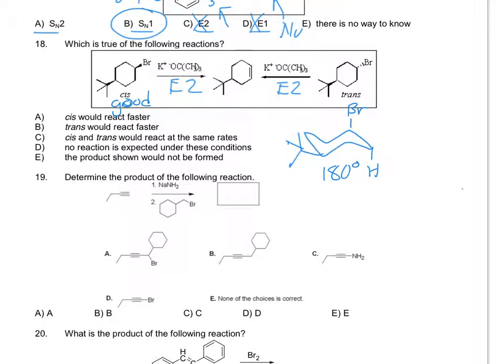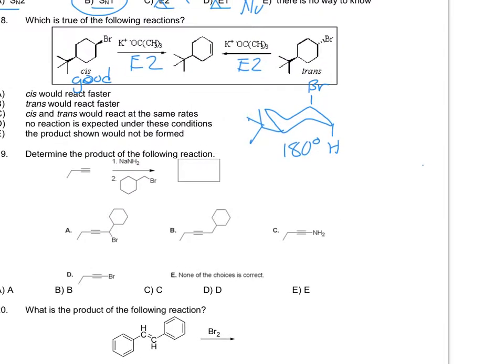Let's look at the other stereoisomer. I'm going to draw the same chair. I'm going to put the t-butyl group again in the up equatorial position, except now I have a down bromine that I want to draw, and so that goes right there.